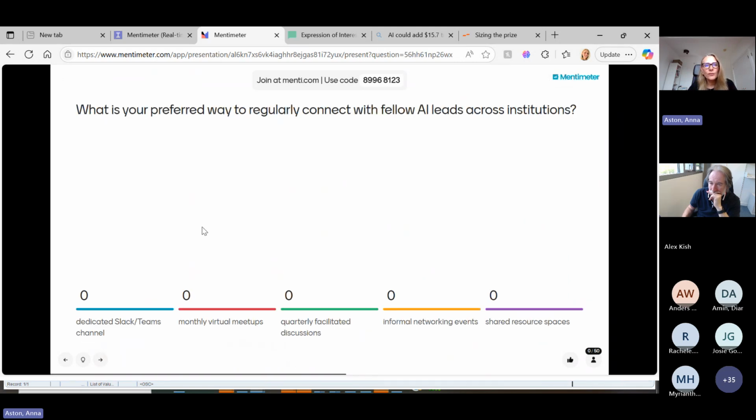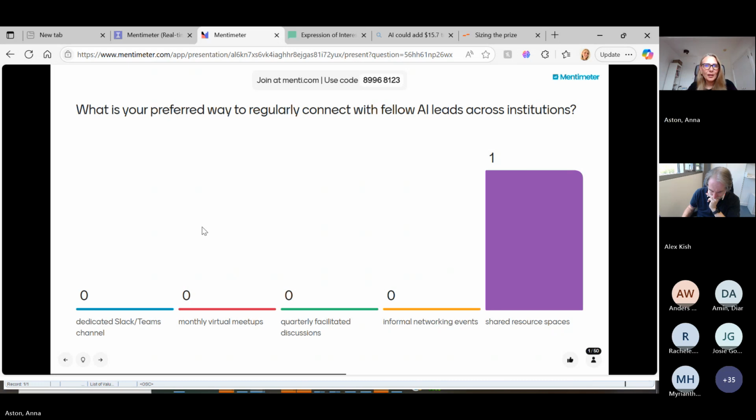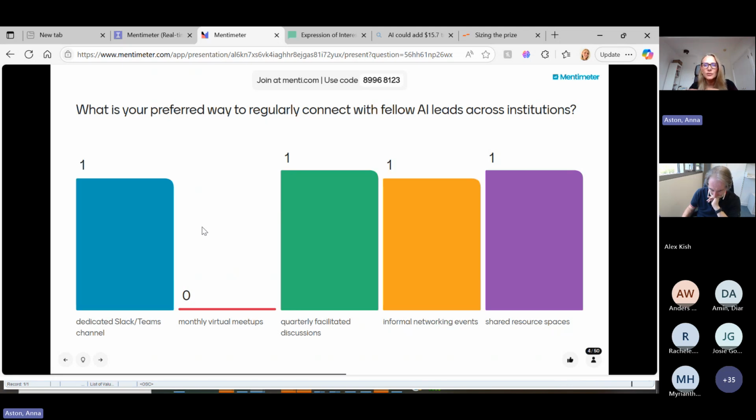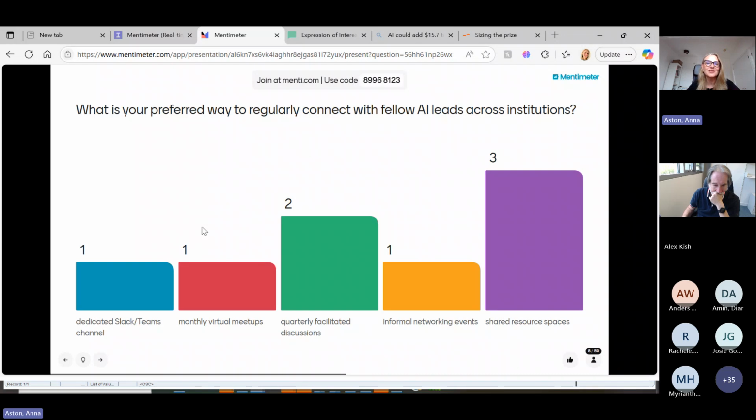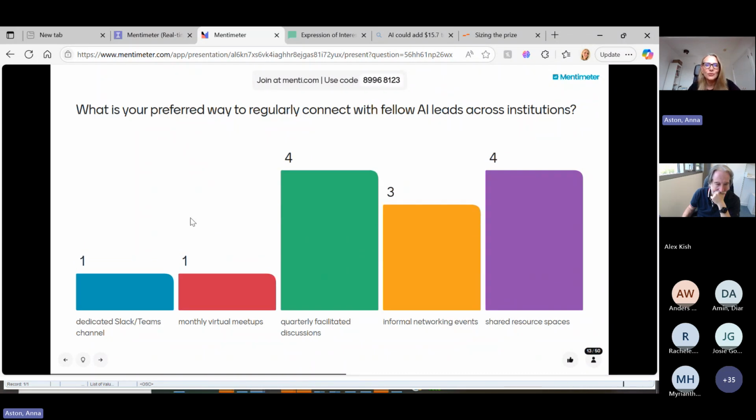What is your preferred way to regularly connect with fellow AI leads across institutions? So the context: maybe you are alone in your institution, but there are a lot of other AI champions. We have so many institutes and universities worldwide.